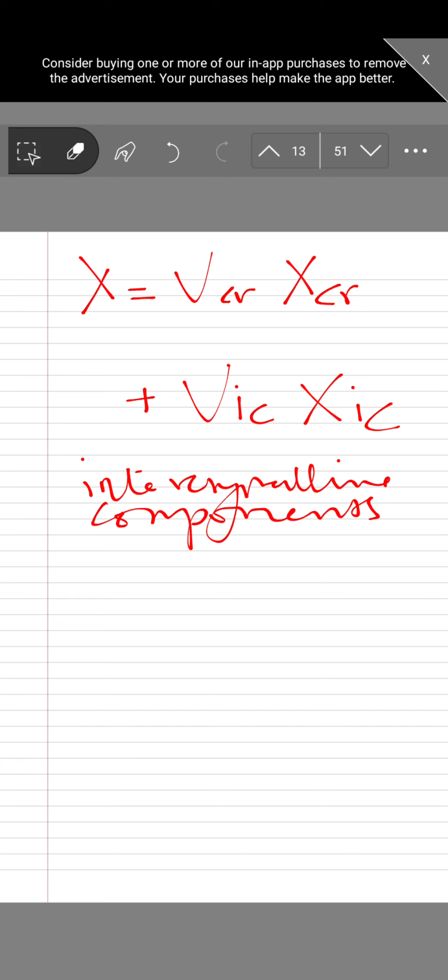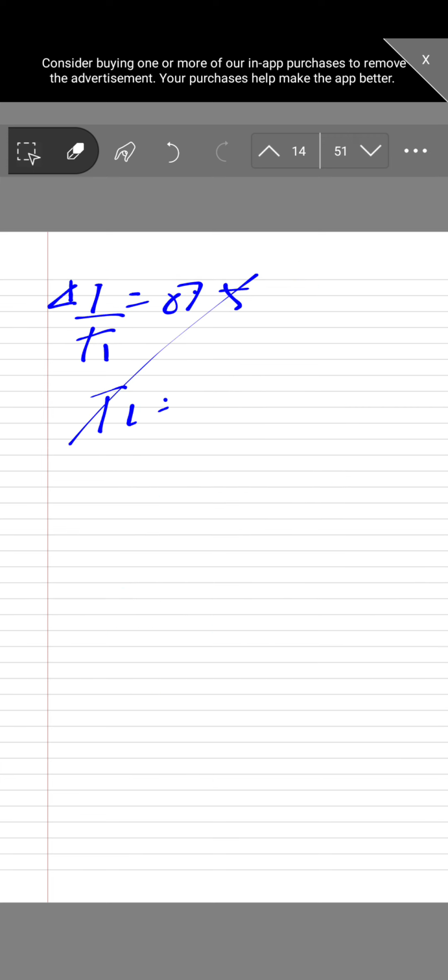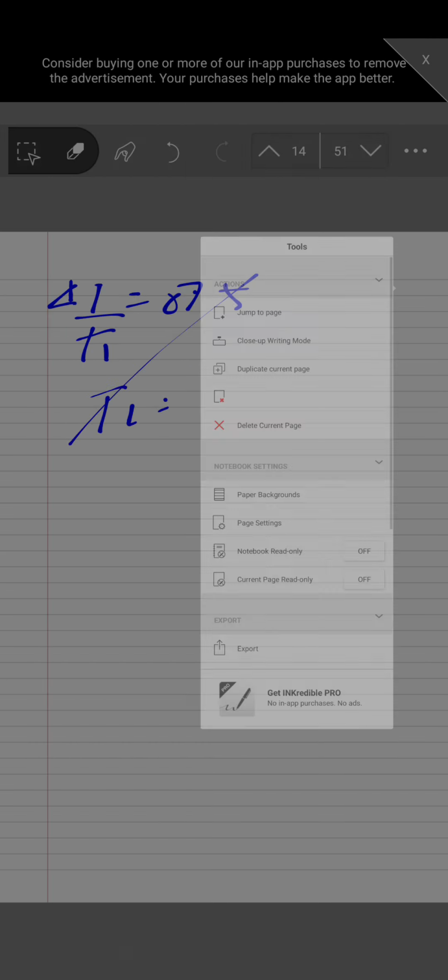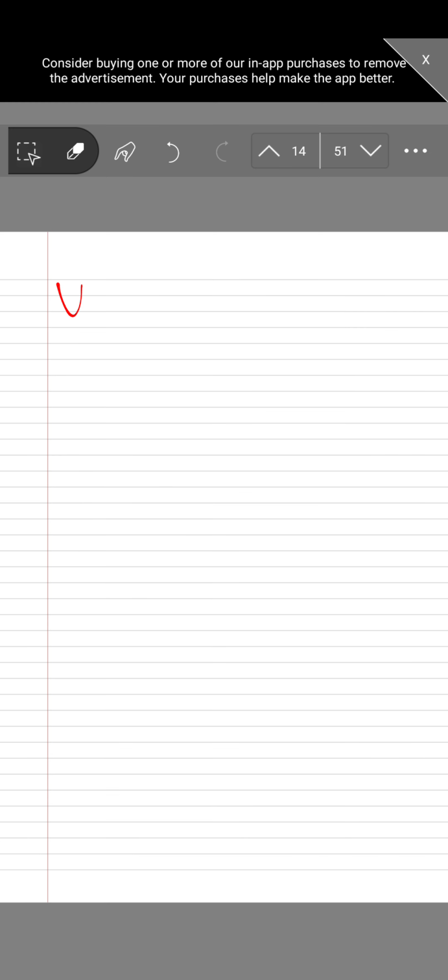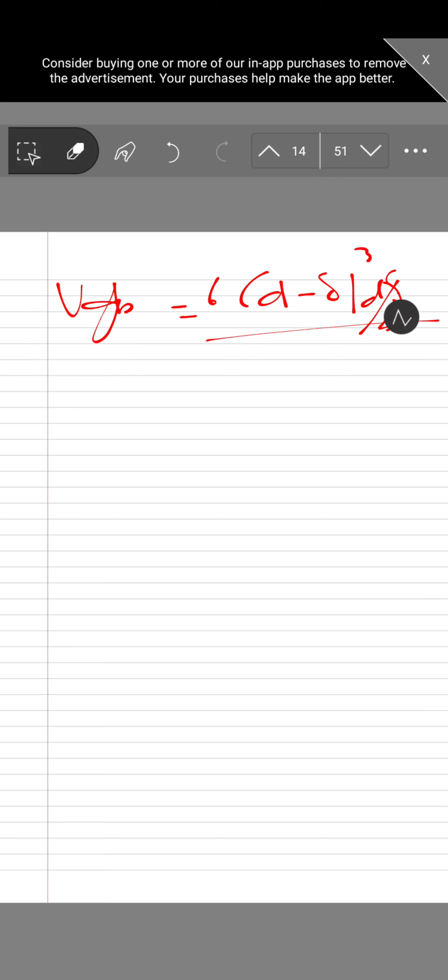The volume fraction of each component can be expressed as: for the crystal, d minus delta, whole cube, by d cube; and for the grain boundaries, the volume fraction is 6 into d minus delta whole cube into delta by 2, divided by d cube.